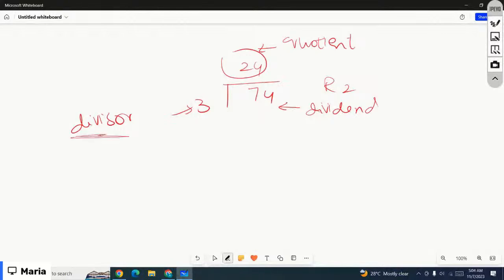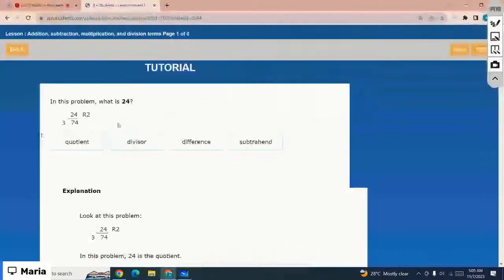The divisor is the number you are going to divide with, the dividend is the number you are going to divide, and the quotient is the answer when you divide. If a number isn't completely divided by the other number, you are left with the remainder. Got it?